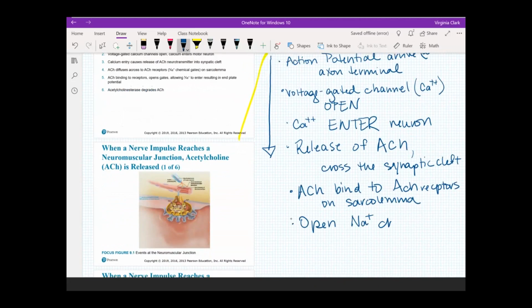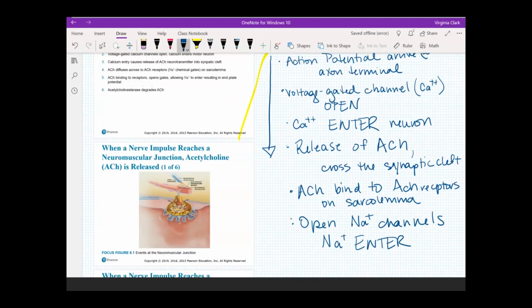sodium channels. What we know about sodium is that it is in high concentration outside of the cell. We know that to be true. If we open sodium channels, this was chapter 3, then sodium will enter.